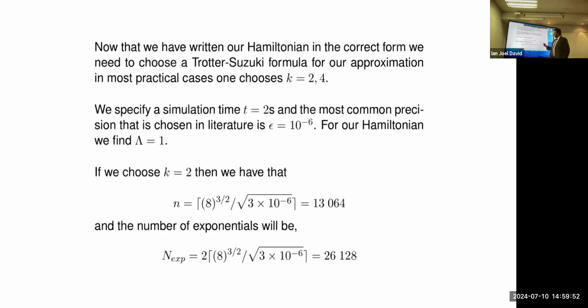And if you want to count the number of exponentials, sorry, this is supposed to be 4, but it'll be 4 times this number. So it's actually double what this number is. So it's something of the order of magnitude 52,256. So that is a lot of gates that you're going to need to simulate this type of Hamiltonian. Just with 3 spins, it's a lot of gates.